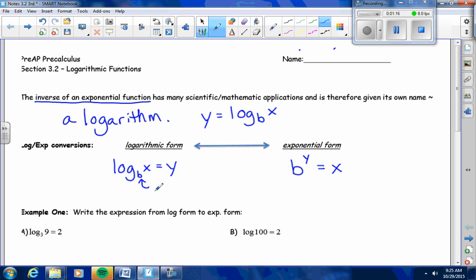So b is the base, y is the exponent. In exponential form, b is the base, y is the exponent.